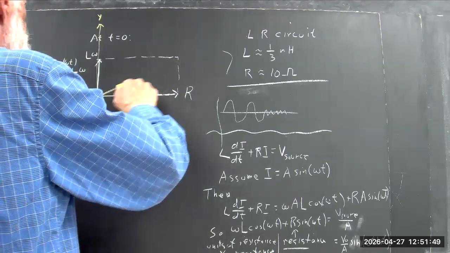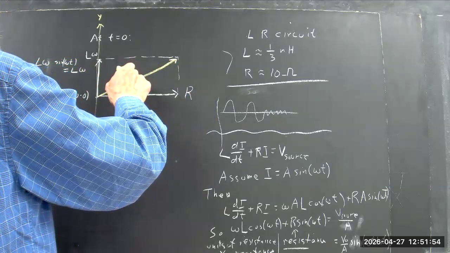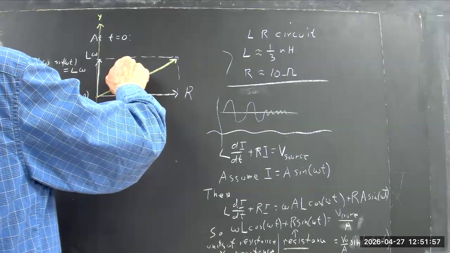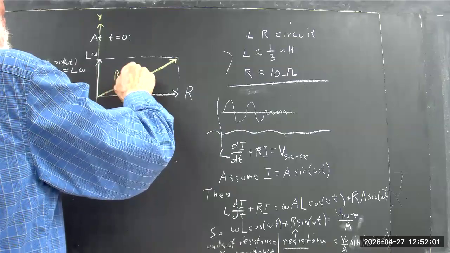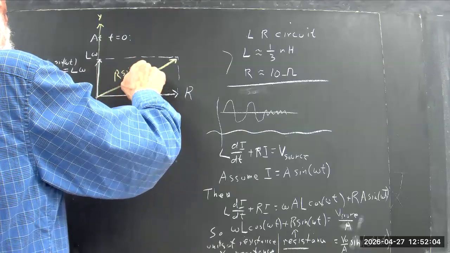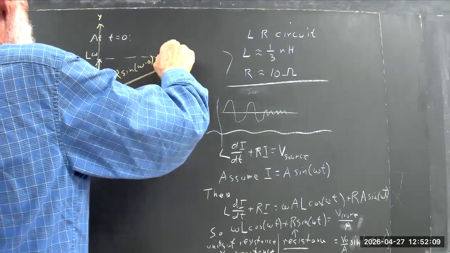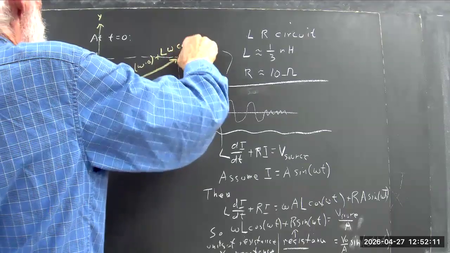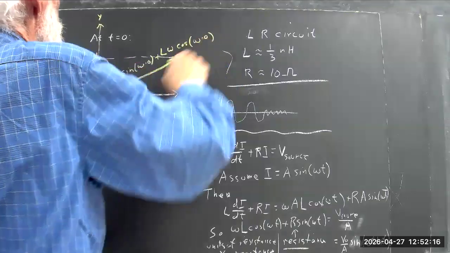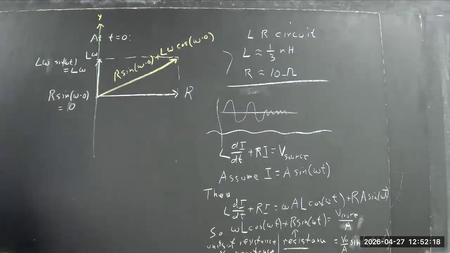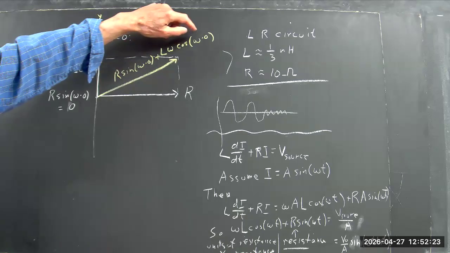You have a resultant vector, which in general is R sine of omega t plus L omega cosine of omega t.